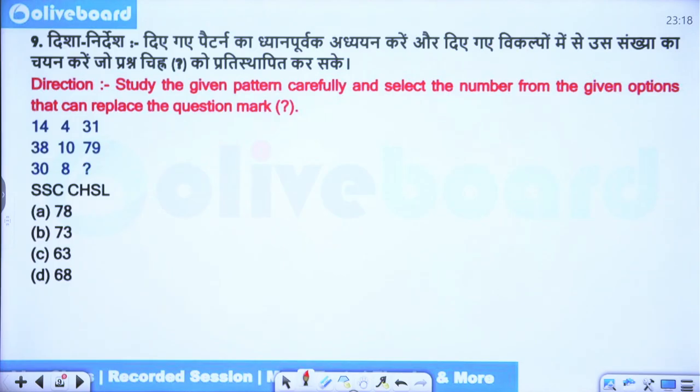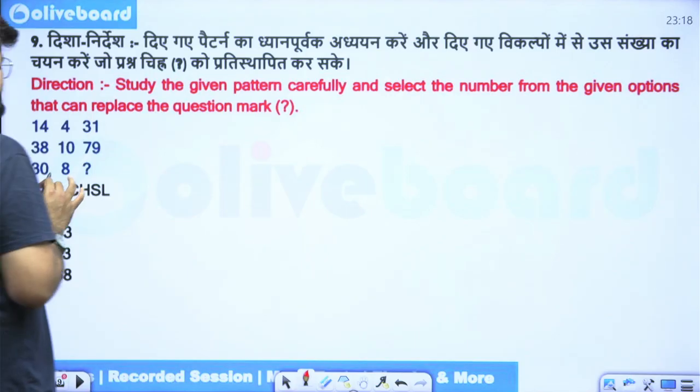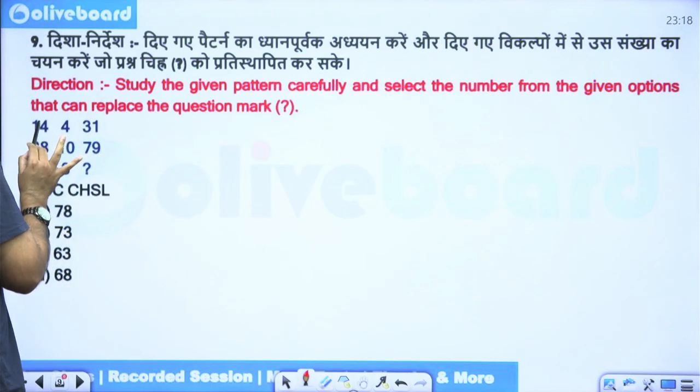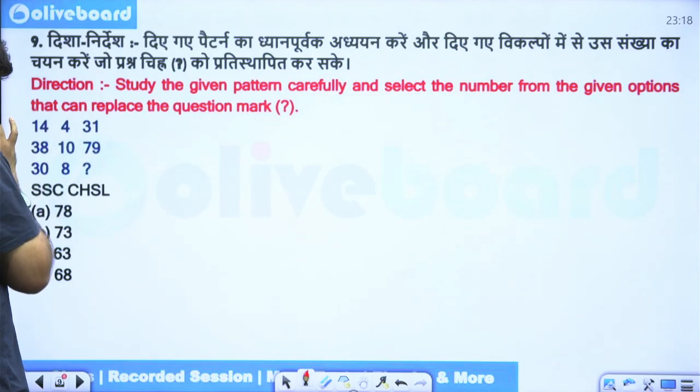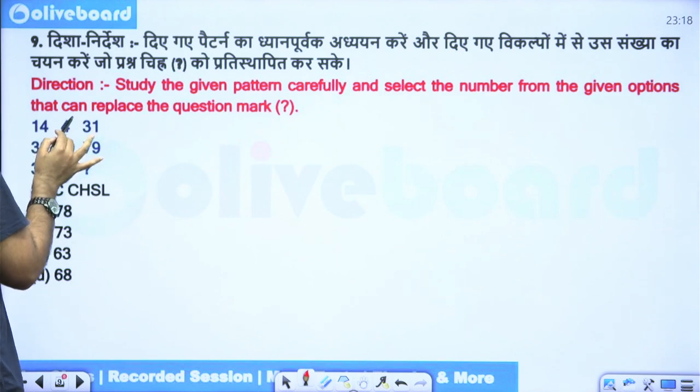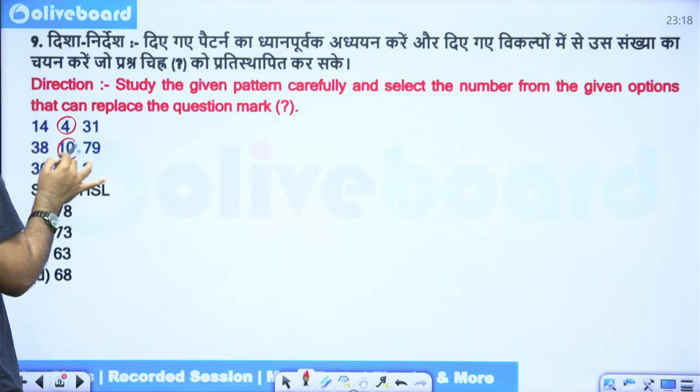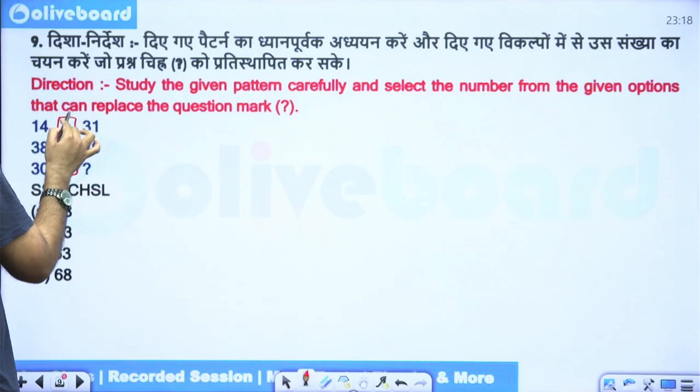See, this one actually is slightly different. What exactly is happening here is 14 and 17 is 31. Okay. And 38 and 41 is 79. Now that 17 and 41, they are being obtained from these numbers. So what exactly we are doing is multiplying this whole column by 4.